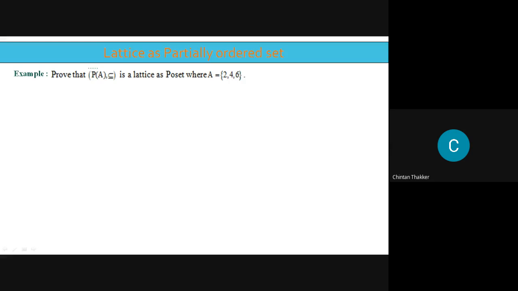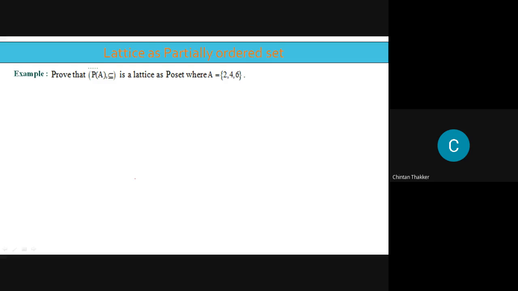Write in the chat box. Intersection and union. The GLB of the subset relation is the intersection and the LUB is the union. So if two subsets are given, then the GLB is the intersection.